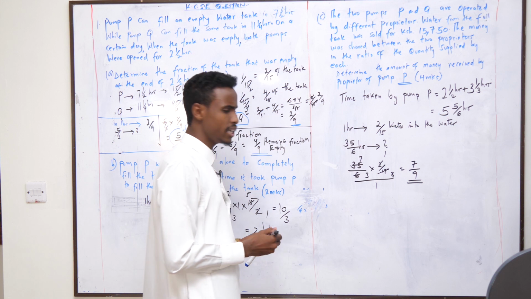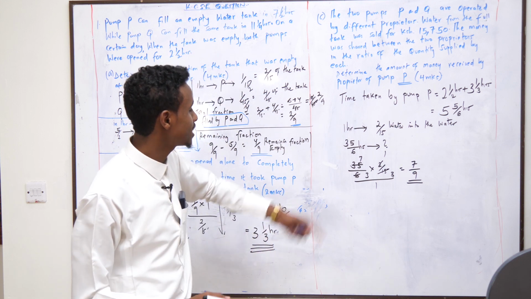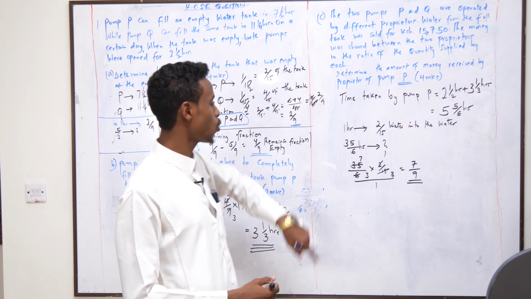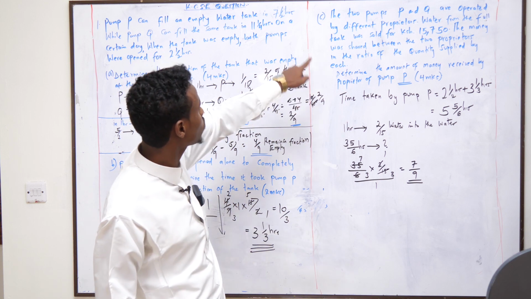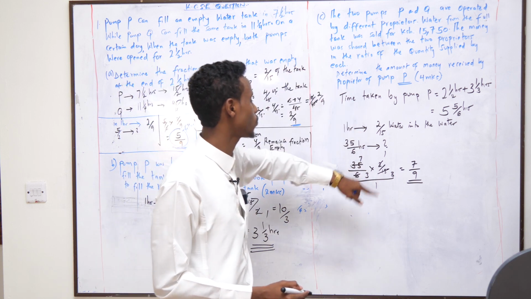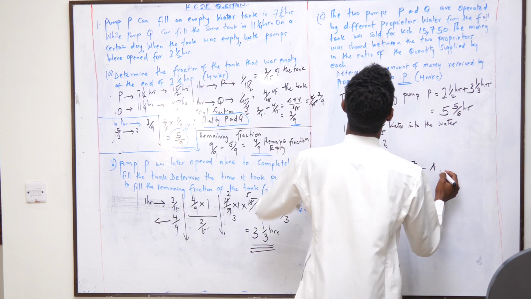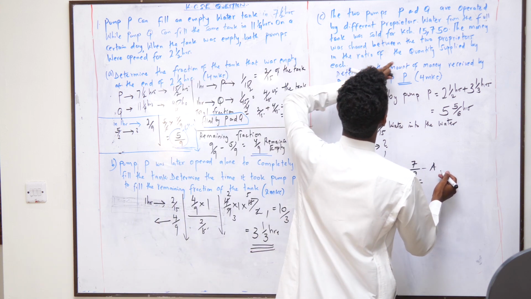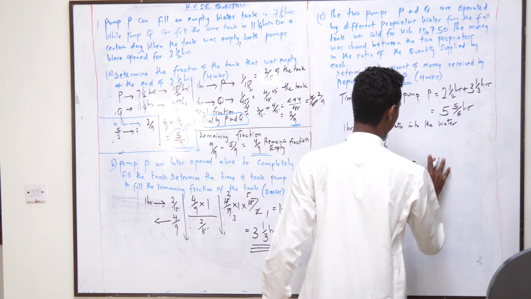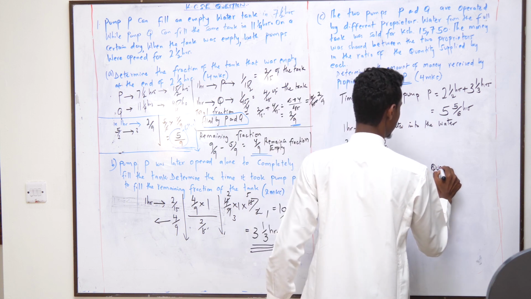Are we done with the question? No. This means the amount of water it pumped was 7 out of 9. That is the amount pumped, the quantity supplied.